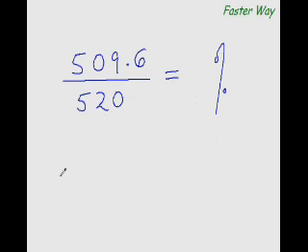So do this last question, and I'm not going to help you at all with this. Now you must have spotted by now that the numerator is very close to the denominator. So if the denominator is 100%, the numerator would be just less than 100%.